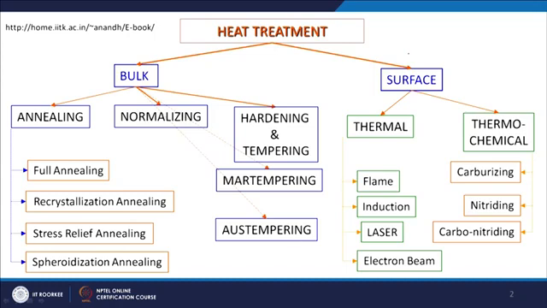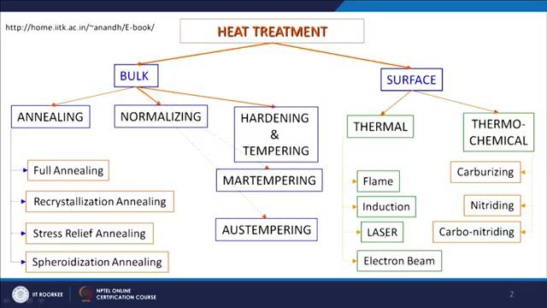And for surface treatment you can have thermal surface treatment or thermochemical. In thermal, it is only the flame; through flame you do the treatment. After understanding the TTT and CCT curves, suppose I heat the surface by any means which is able to heat only the surface, let us say up to 1 mm or 2 mm depth.